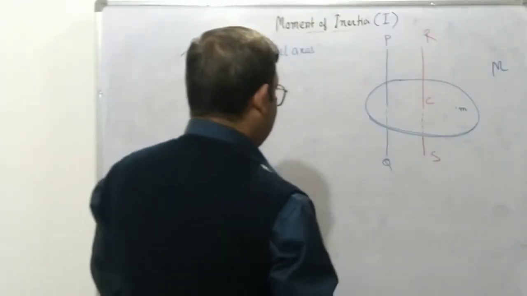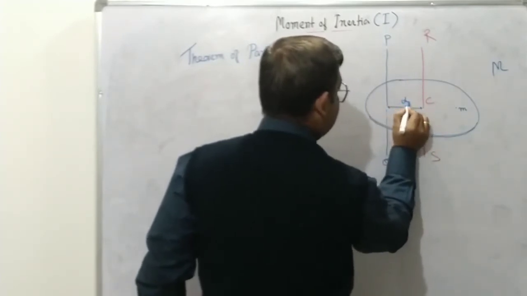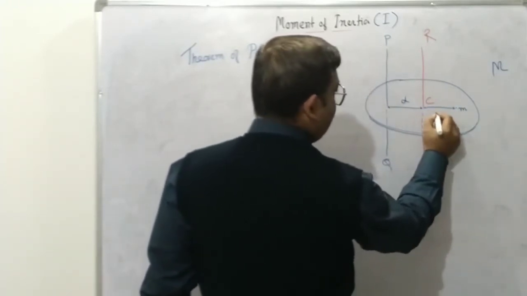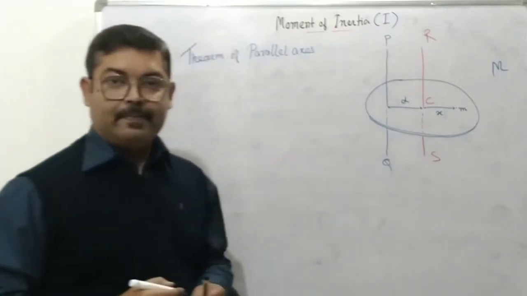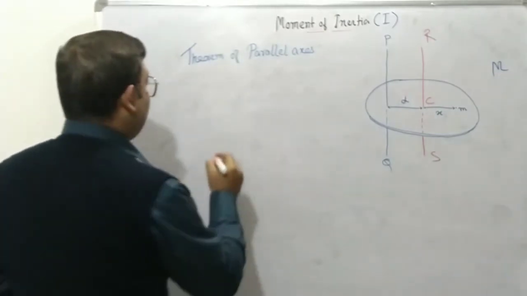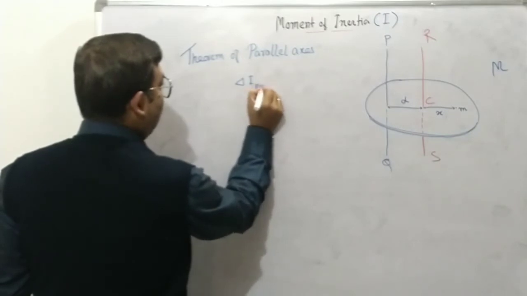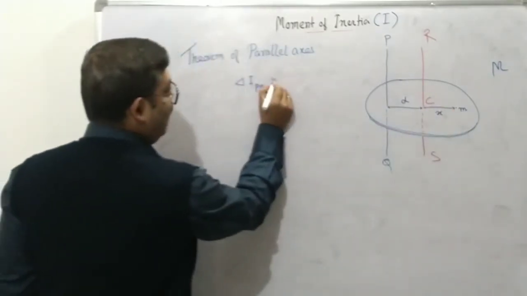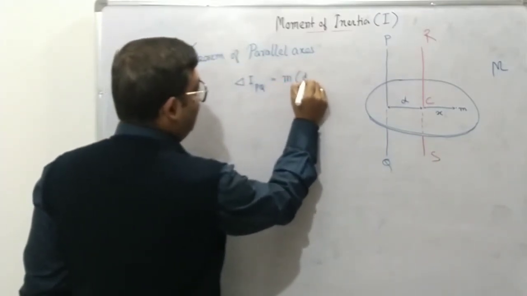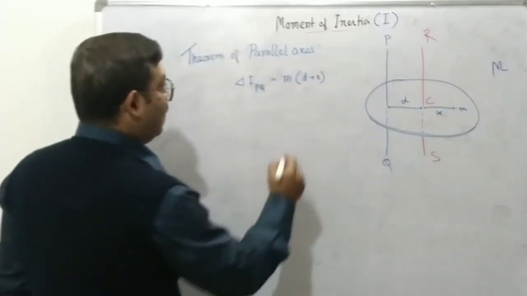Okay, and let's assume that the distance between the two axes is D, and the distance of the mass point m from the center of mass is X. So, the moment of inertia delta I about PQ for this mass point m will be simply mass of the particle multiplied by D plus X, which is the total distance of the mass point from the given axis, squared.